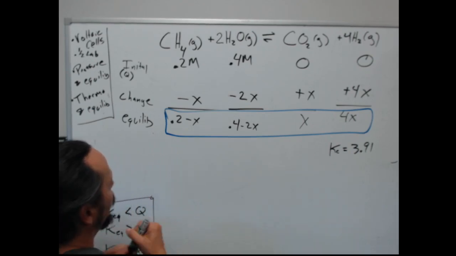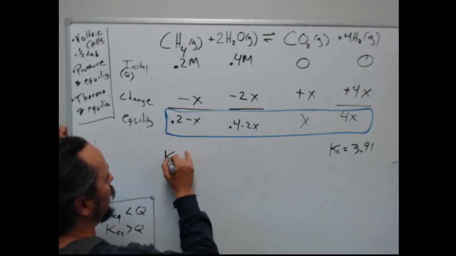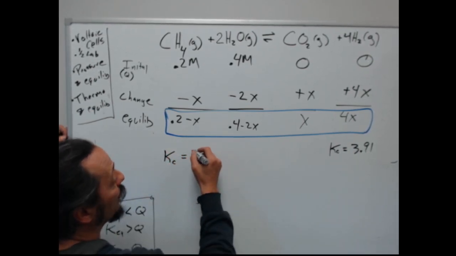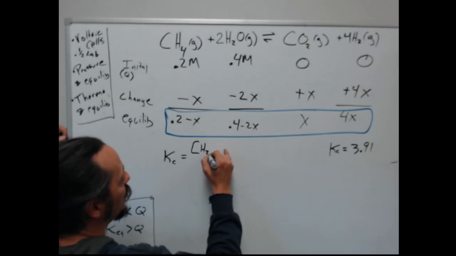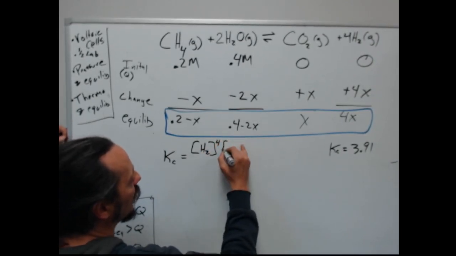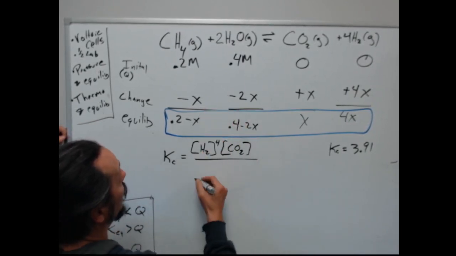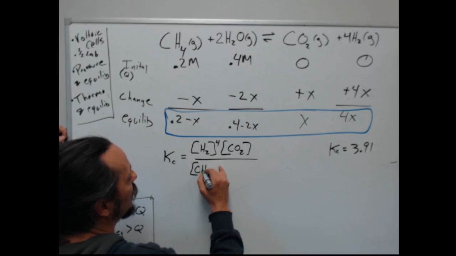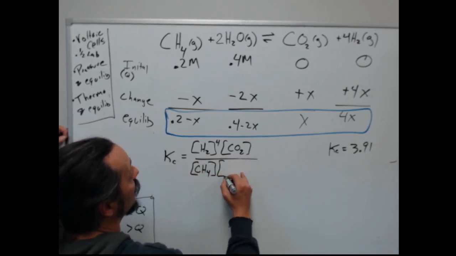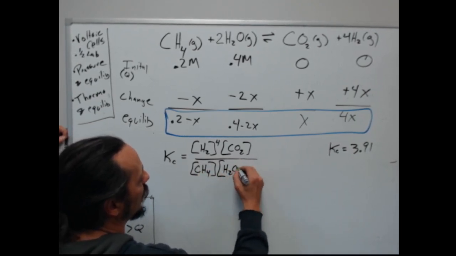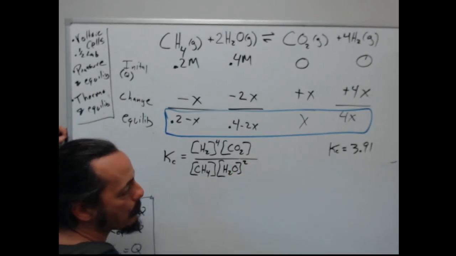I could write down Kc, which is going to be products over reactants. That's going to be my H2 to the power of 4 times my CO2 concentration, divided by my CH4 concentration, divided by my H2O concentration squared.